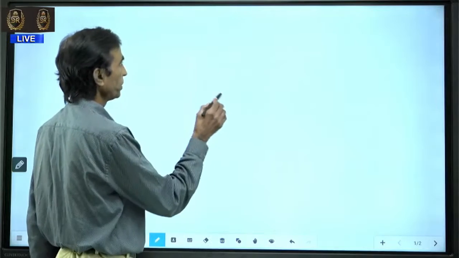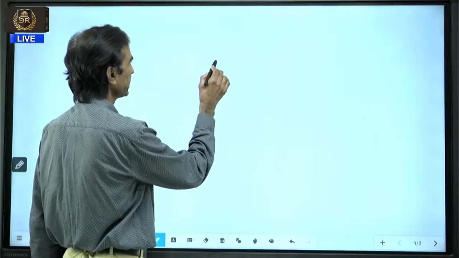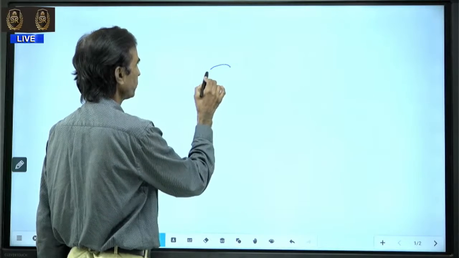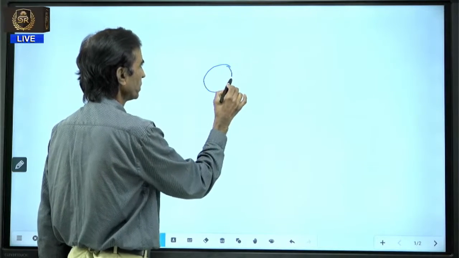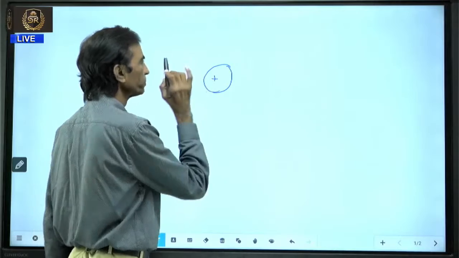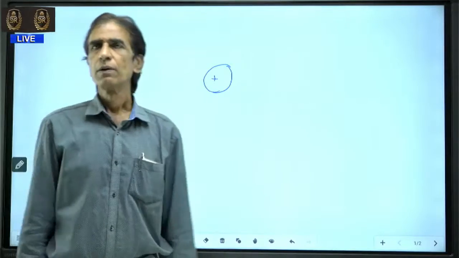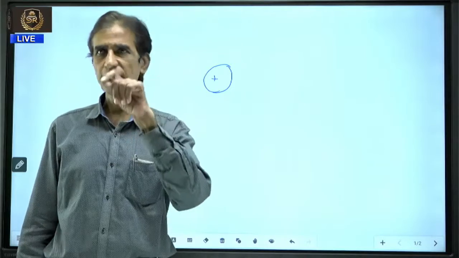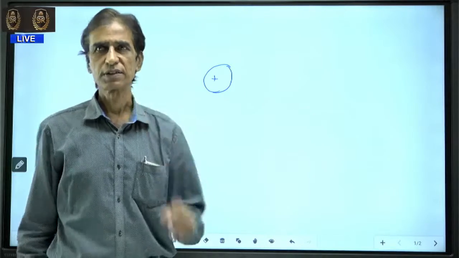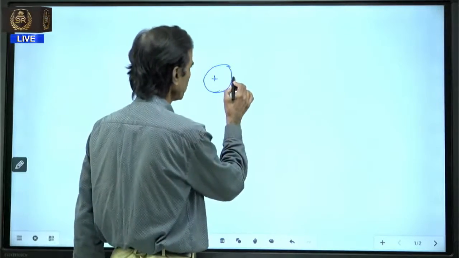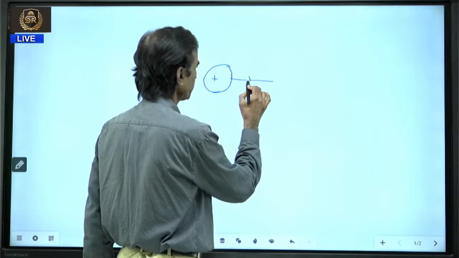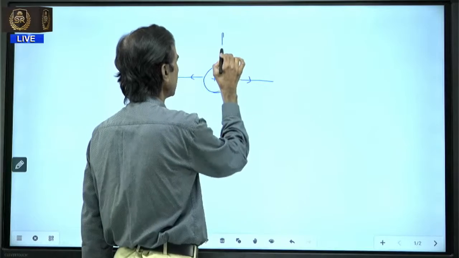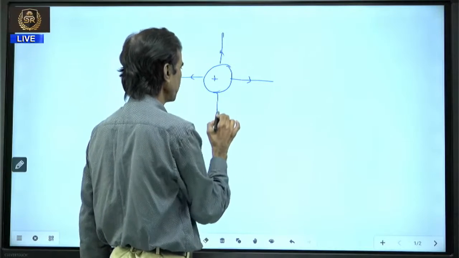If I take one sphere, a positive sphere, when I draw the field lines, I draw them radially outwards. Like this we have to show the field lines.